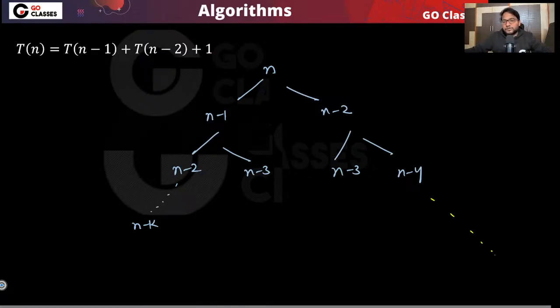So sorry, you are subtracting by 2 here, so this will first get terminated, because you are subtracting by 2. Which means this is n minus k. This will be the very last to get terminated, right? Okay.